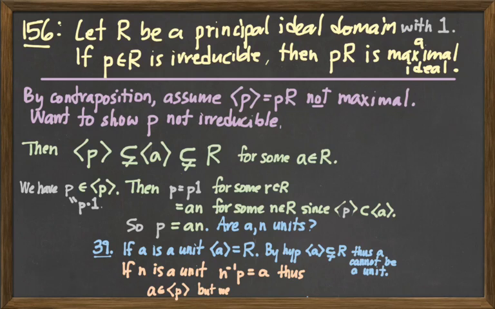So write that up while I'm writing this up. So if A belongs to the ideal generated by P, then the ideal generated by A is a subset of the ideal generated by P, contrary to our assumption.